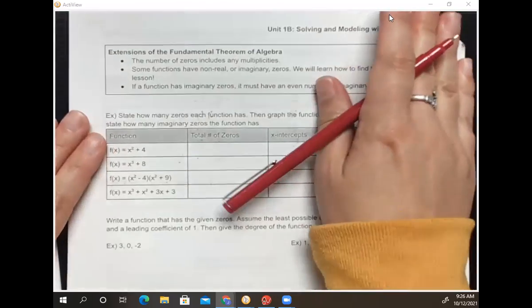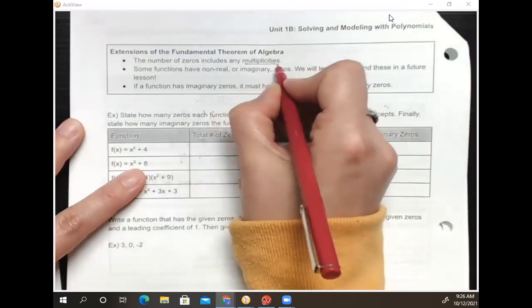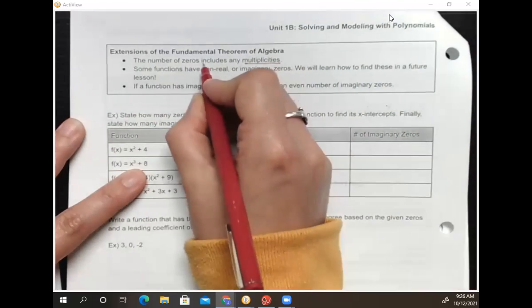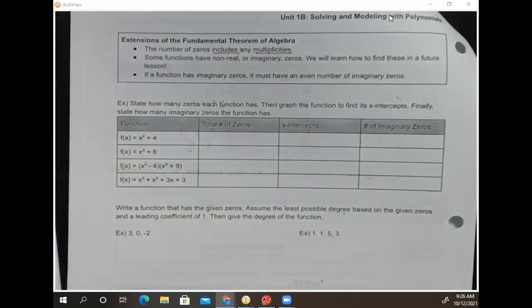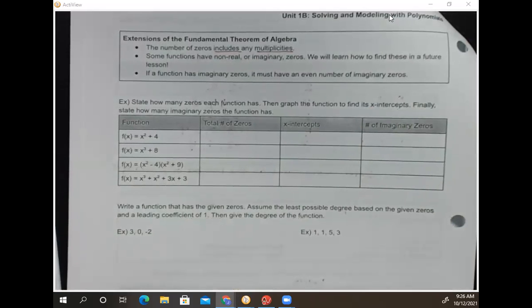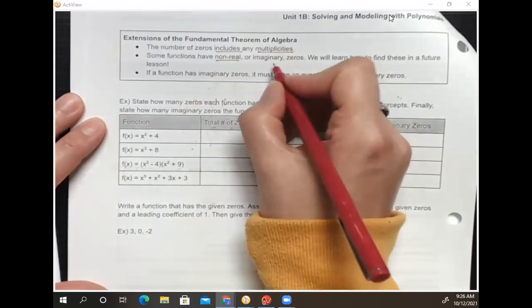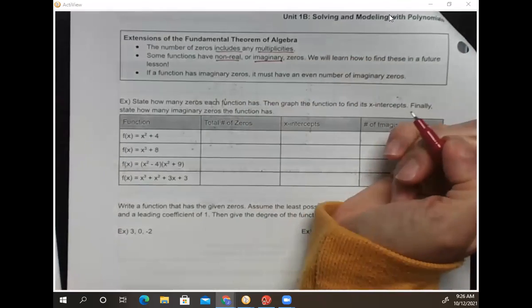the first thing I want to point out, and we talked about this already, is that that number of zeros includes multiplicities, which we had listed. But what we didn't have a way to account for were that some functions have what we call non-real or imaginary zeros.